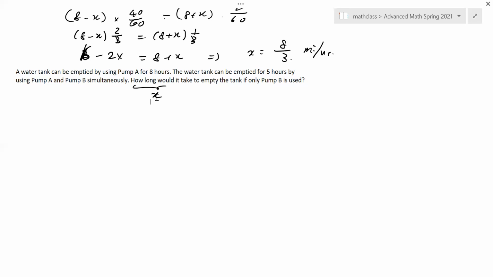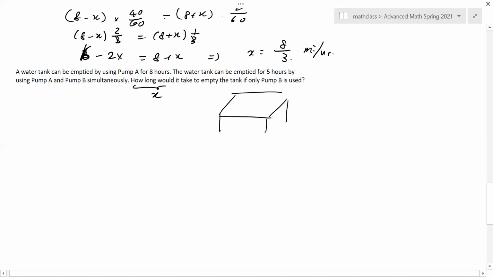Any questions you can get? Okay, so we don't know how big the tank is, and I want to know the rate. So we assume there were V gallons of water, for example. The rate of pump A is going to be V over 8.